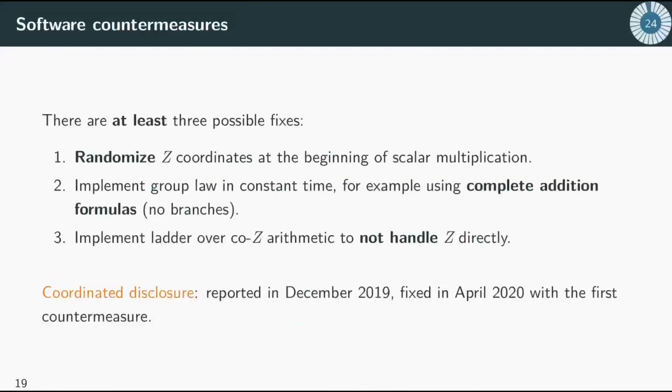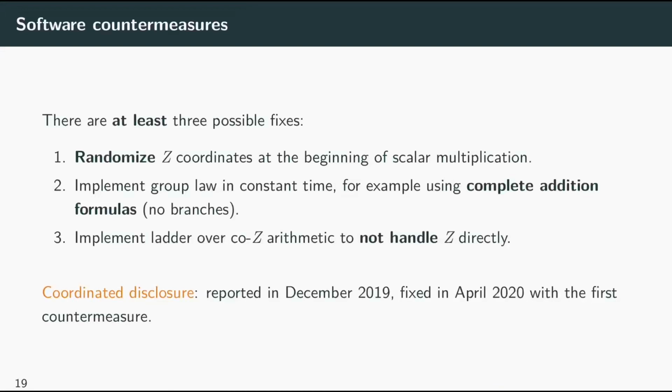There are many software countermeasures that can be used to protect implementations against this attack. We list here at least 3 possible fixes. The first and most natural one is randomizing the z-coordinates at the beginning of scalar multiplications, such that there are no trivial values for z being operated inside the main loop.